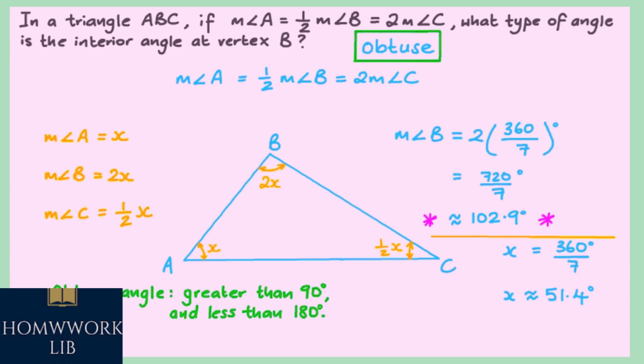In this case, finding the value of all the angles in the triangle is a great way to do this. We calculated that the measure of angle A, which was x, is 360 over 7 degrees, or approximately 51.4 degrees. Angle B was 2x, so 720 over 7 degrees, or approximately 102.9 degrees.